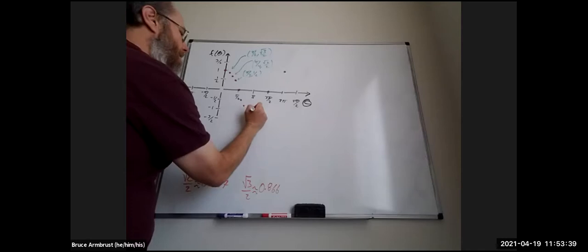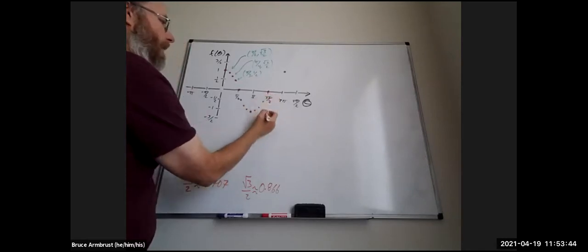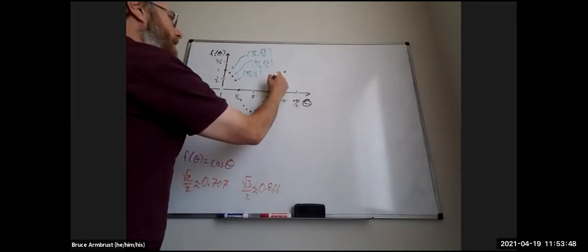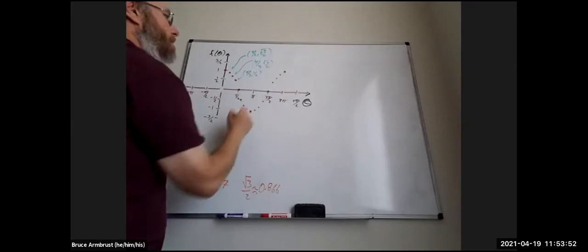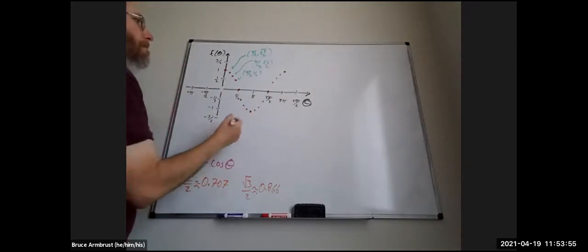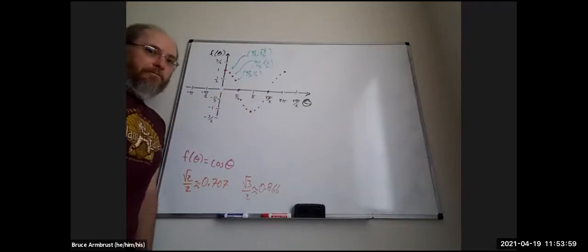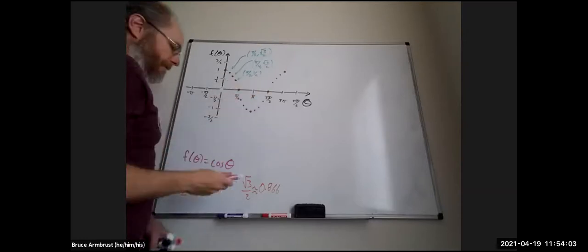Then we get minus √3/2, minus √2/2, minus 1/2, 0. Then we get the plus 1/2, plus √2/2, plus √3/2. So there are all of the points from our chart. So now we connect the dots.